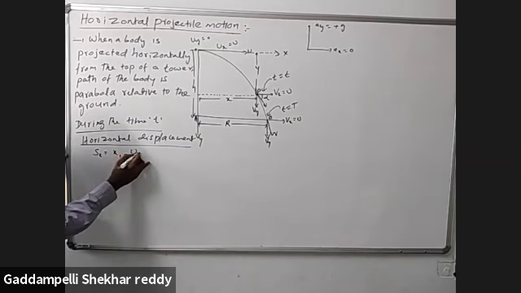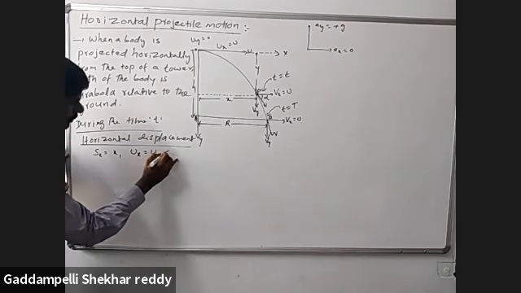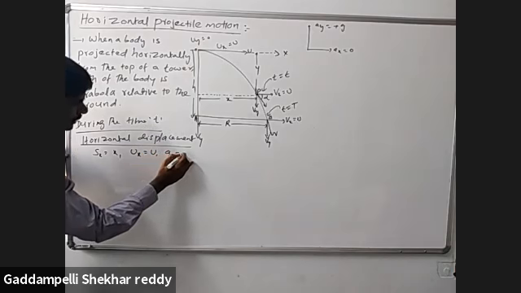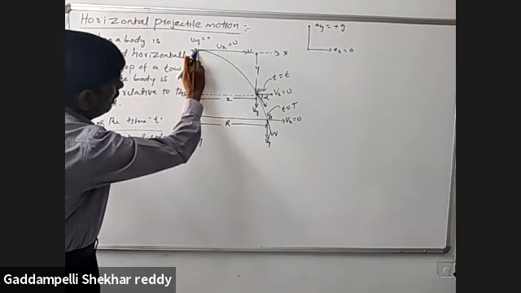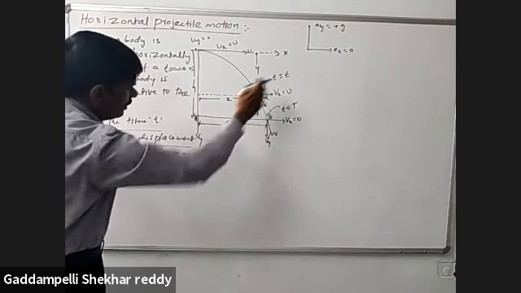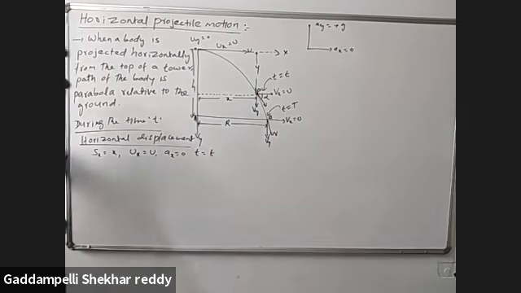Initial horizontal velocity ux is u, horizontal acceleration is 0, and the time required from point O to point P is t.